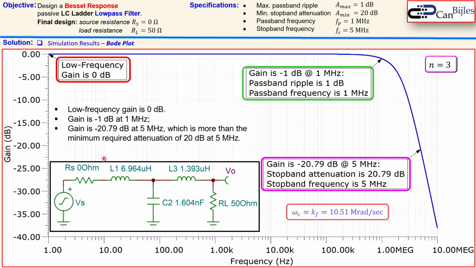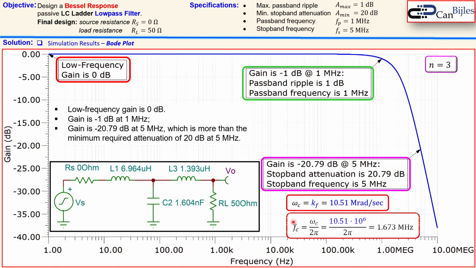So we have actually achieved our goal. And in addition, the cutoff frequency is not shown here, but that is in this case 10.51 megaradians per second, which is actually used as the frequency scaling factor. Again, that was then 1.673 megahertz as our cutoff frequency. So everything is checked. We have designed this according to the specification and verified this in the simulation results.